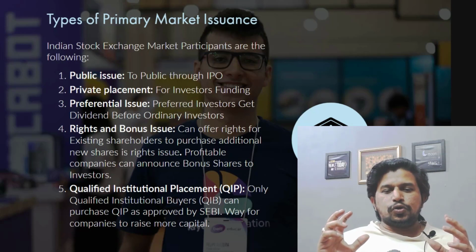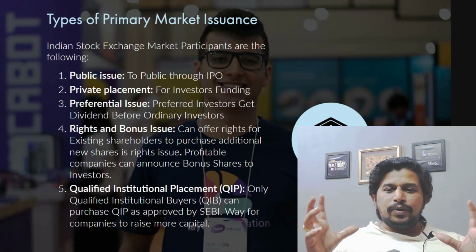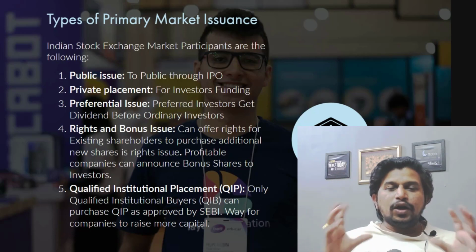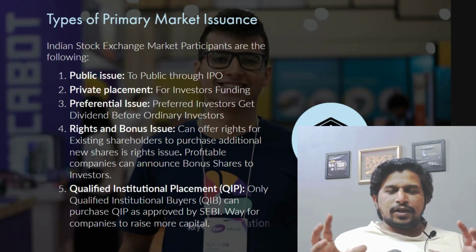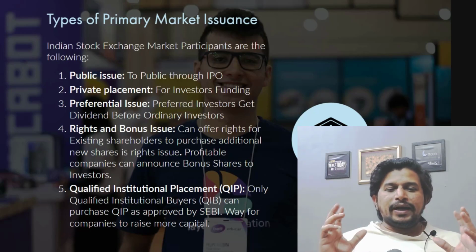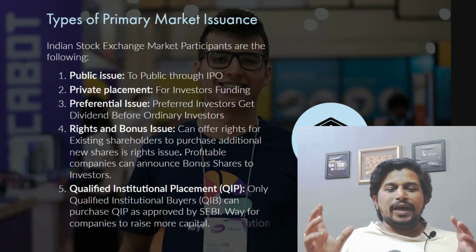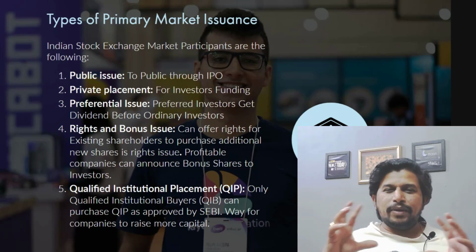And qualified institutional placements. These are institutions determined by SEBI to invest in particular companies. They are the big institutions who have lots of money to invest in QIPs. So qualified institutional buyers can purchase QIPs as approved by SEBI.